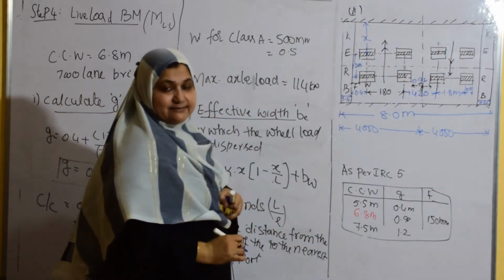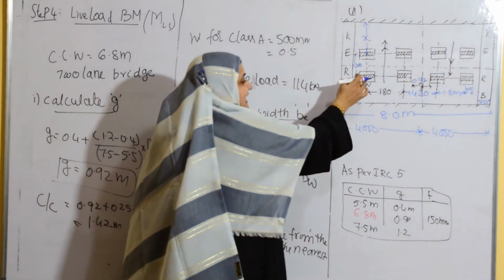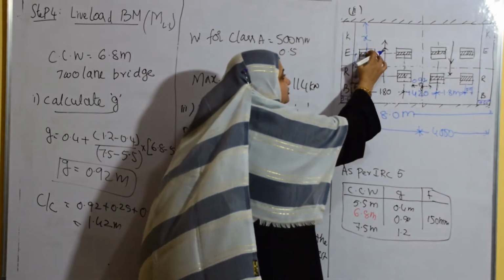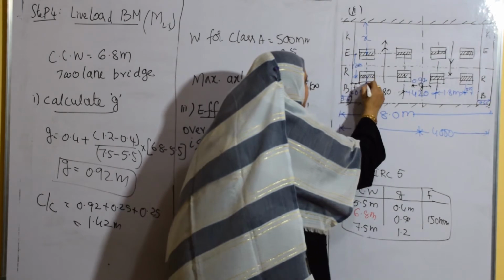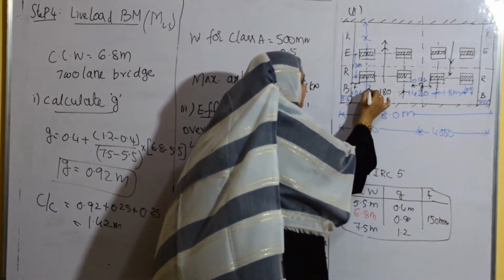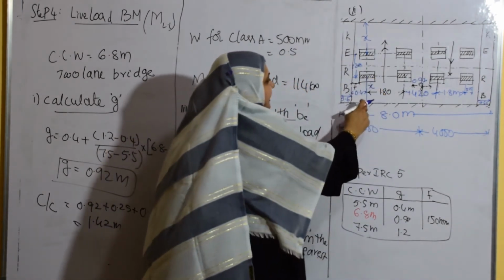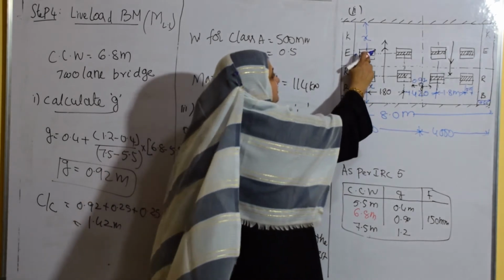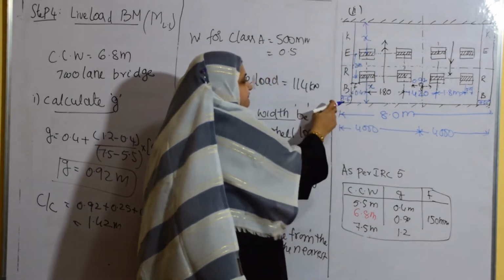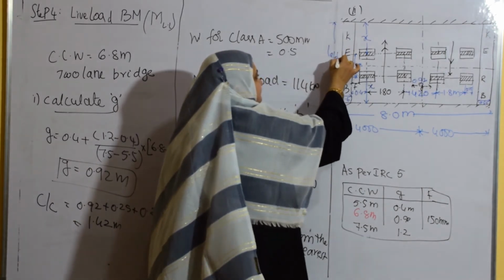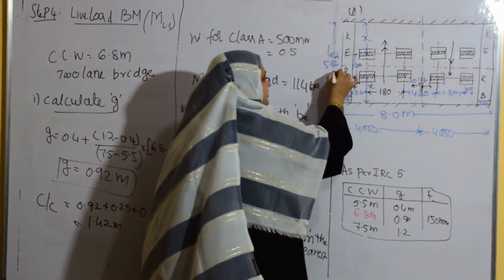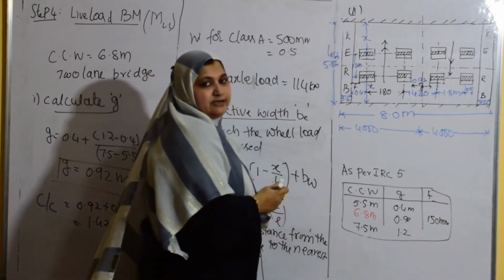We can calculate that. Because the axles are placed symmetrically, if this is X, this will also be X. So X plus 1.2 plus X is equal to the effective span, isn't it? Like that we can calculate the value of X.